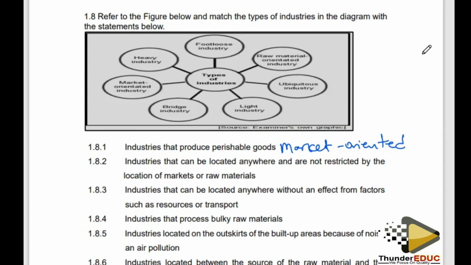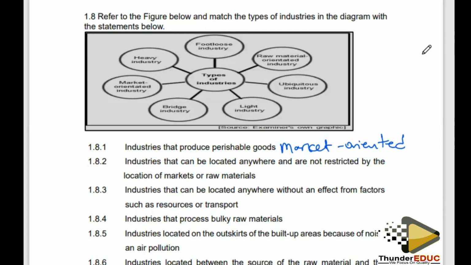Number 2, 1.8.2, industries that can be located anywhere and are not restricted by the location of markets or raw materials. So that's going to be the Footloose Industries. Let's check this question again.